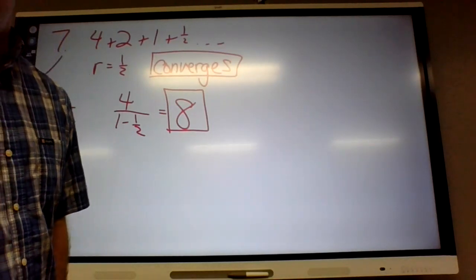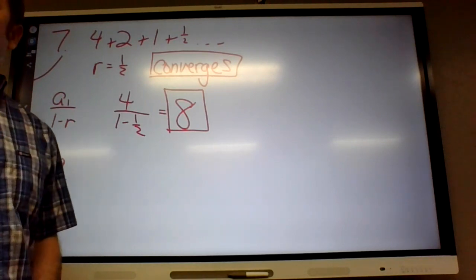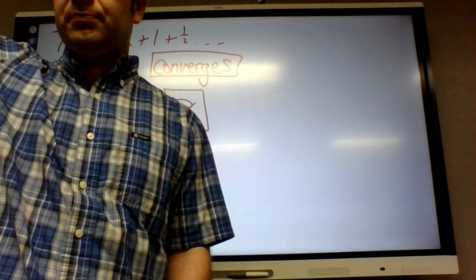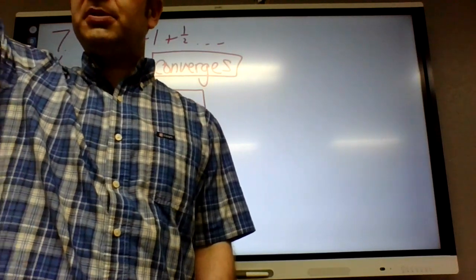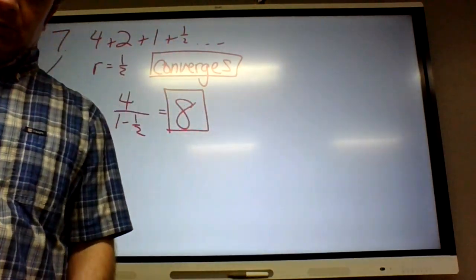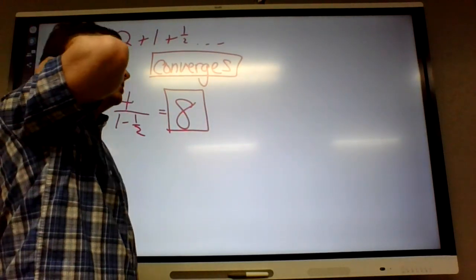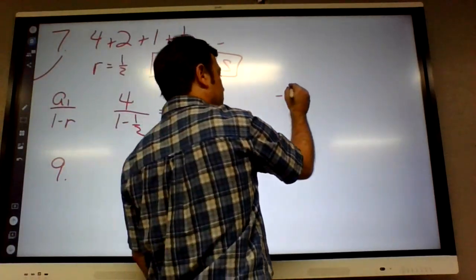By the way, on number 8, what is the common ratio? We kind of just talked about this on number 5. It's -1. Okay, is it going to converge if the common ratio is -1?